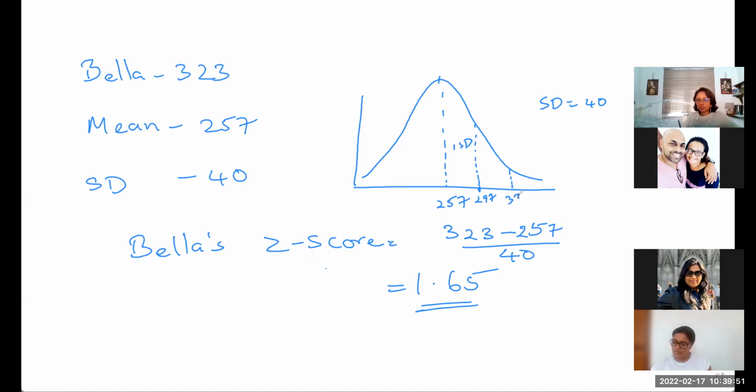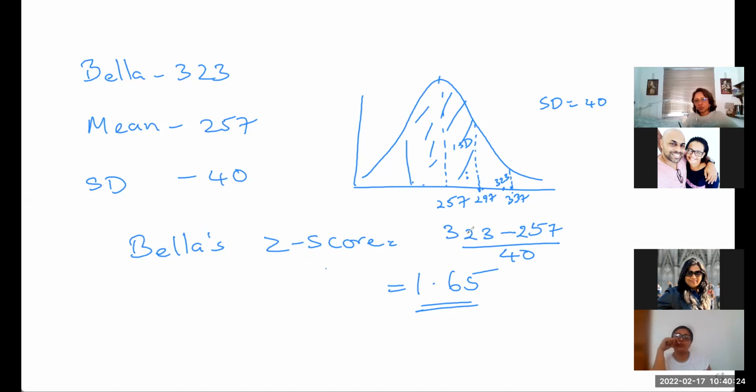Bella's score is 323, so the second standard deviation is here and her score is somewhere here. We know already she is way above average.